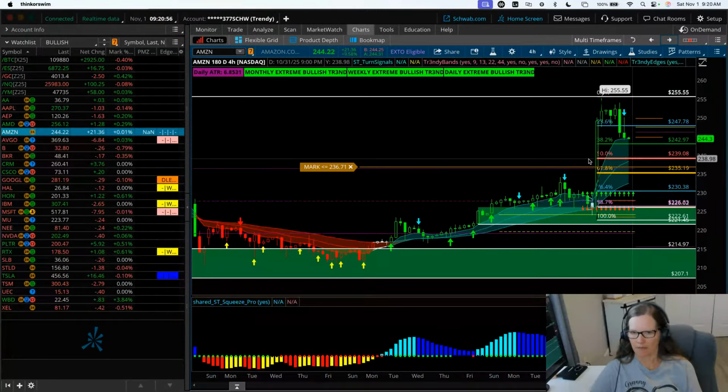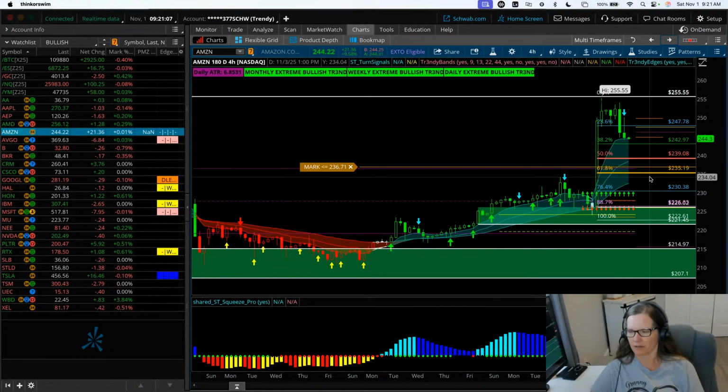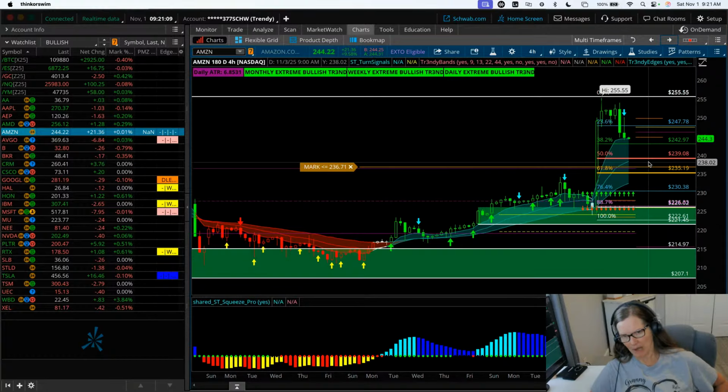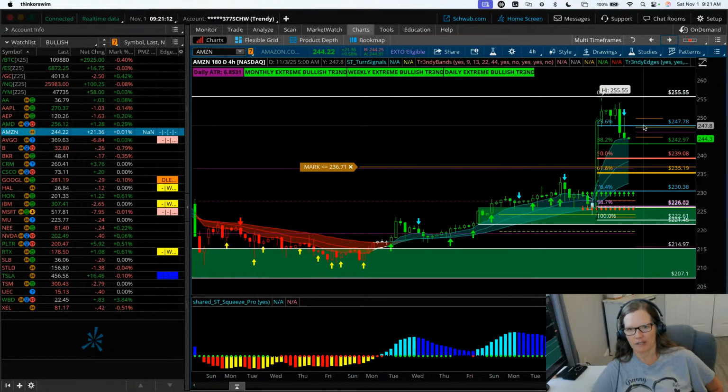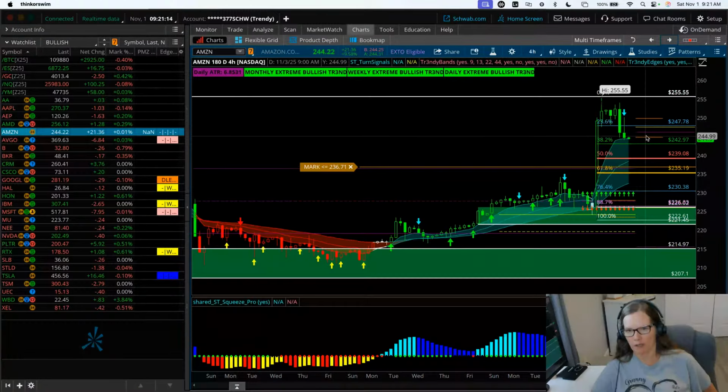All right. If you're looking for a trade less than that, you could go here and look to buy this golden profit area, 239 to 235. That would give you about $4 of risk, and your reward is going to come here at these stacks.